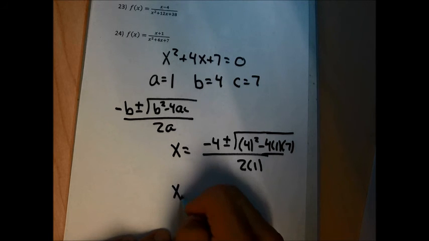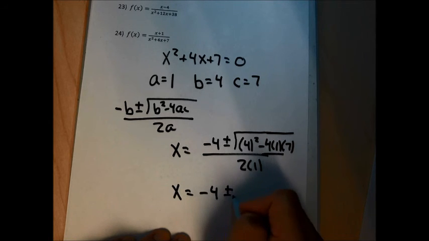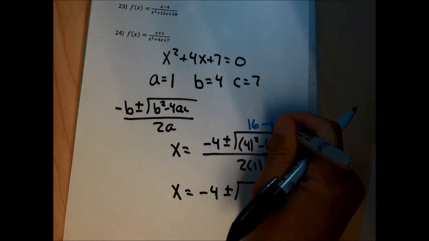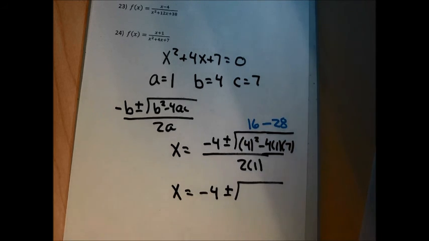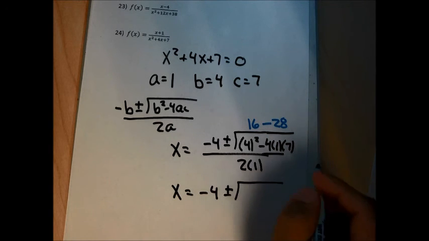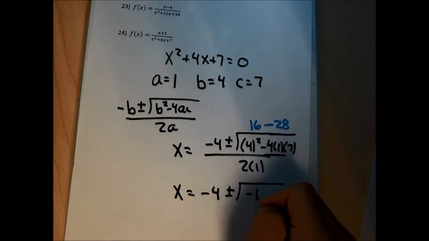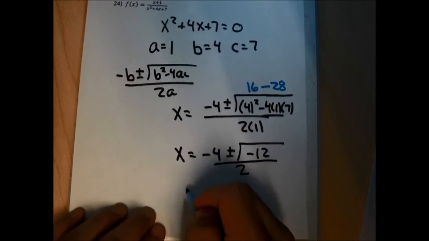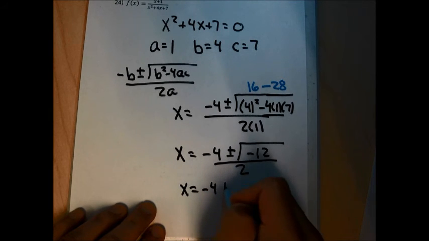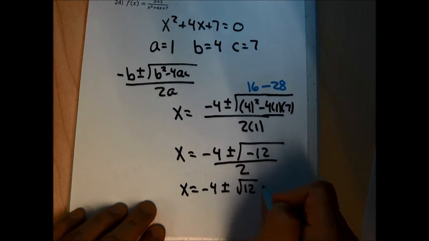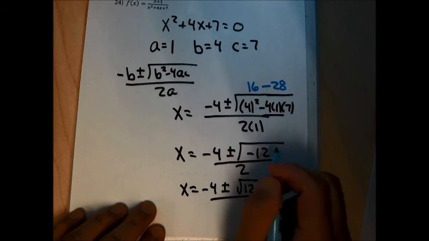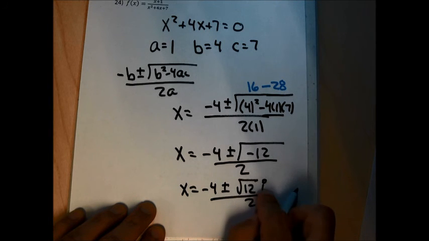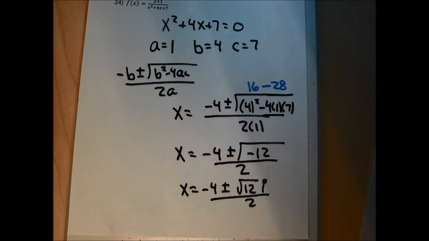So this gives me x equals negative 4 plus or minus the square root of 16 minus 28, because 4 squared is 16 and 4 times 1 times 7 is 28, and 16 minus 28 is negative 12, over 2. That gives me x equals negative 4 plus or minus the square root of 12 times i, over 2, because when you have a negative under a square root, you can drop that negative and make a positive under the square root by producing an i outside the square root.